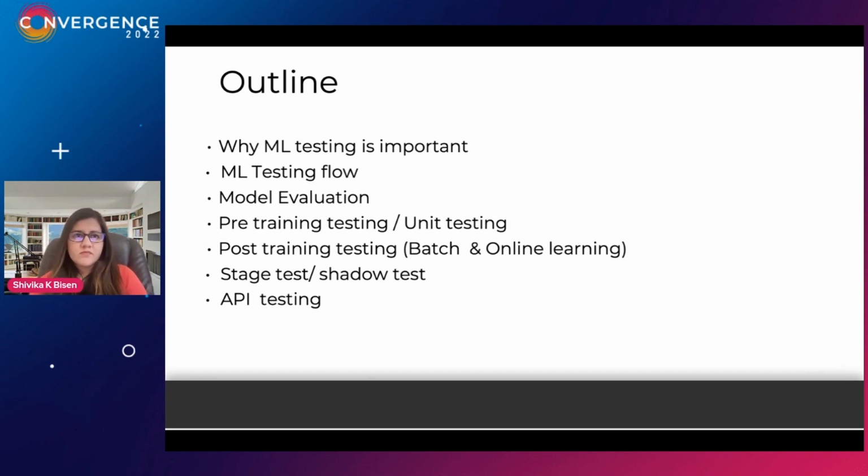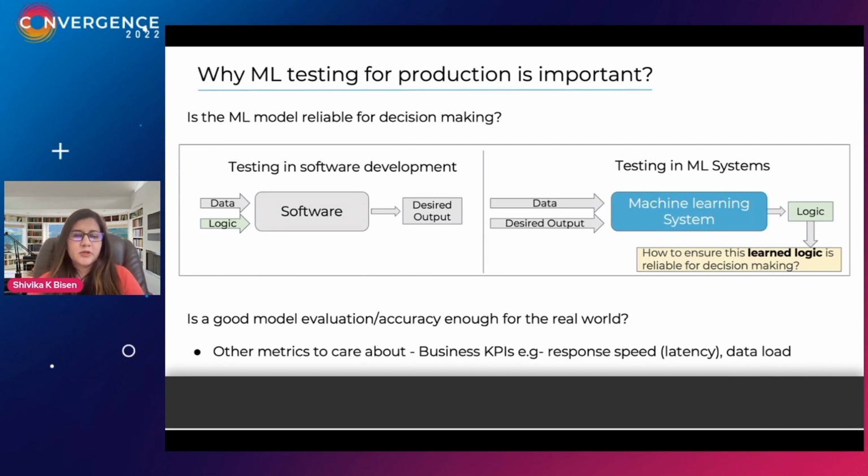So having said that, coming to the main question, which is why ML testing for production is important. I mean, what's the point of this talk? Why are we talking about ML testing for production? To answer that question, I'd like to distinguish between software engineering testing and machine learning system testing.